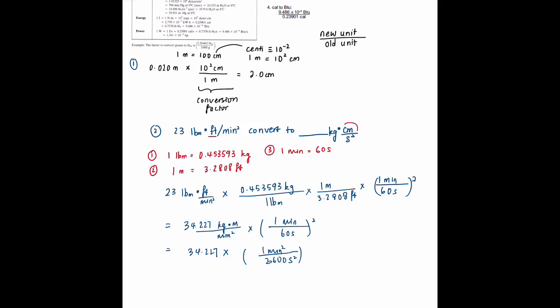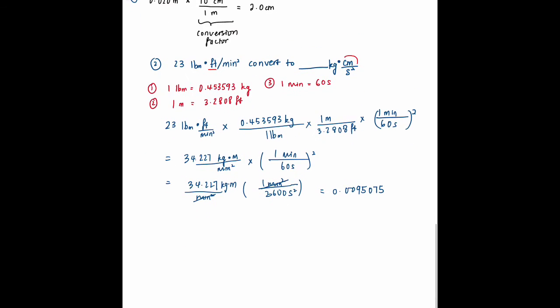So now I would be able to just cancel out the unit of minute square, so I get the value of 0.009575, and the final units are kg meters per second square.